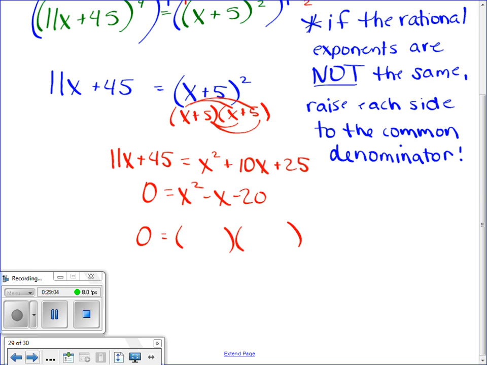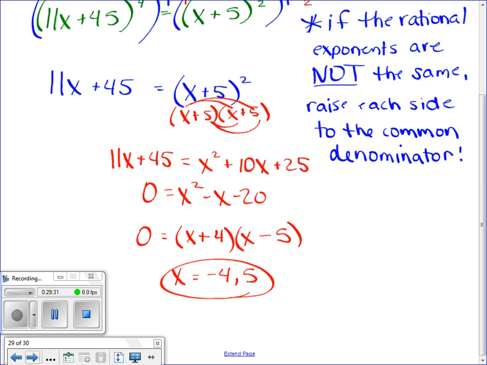What are your signs? We have x and x. What about for c? 4? Good. We have positive 4 and a negative 5 because you're trying to get the negative 1 in the middle. So x equals negative 4 and 5.